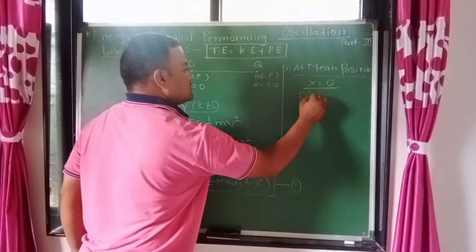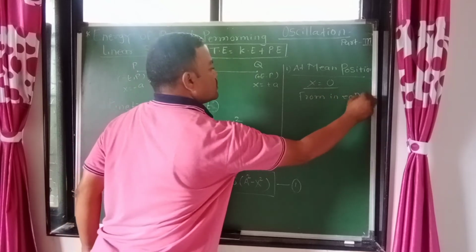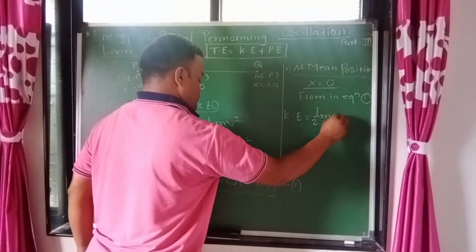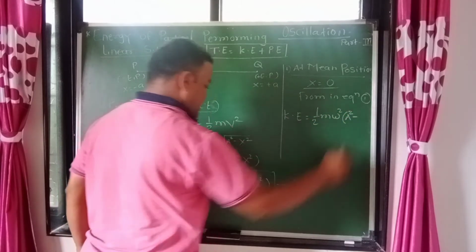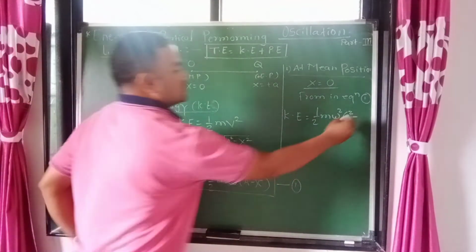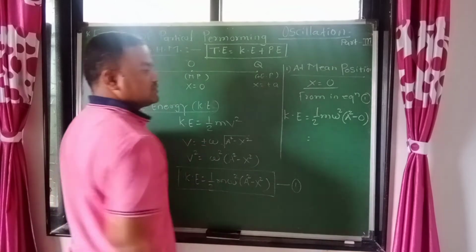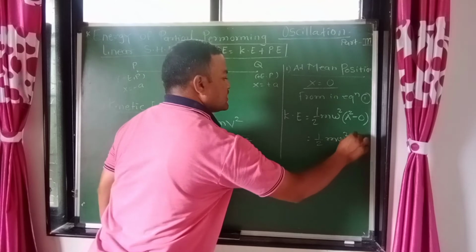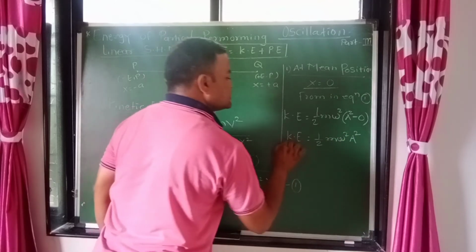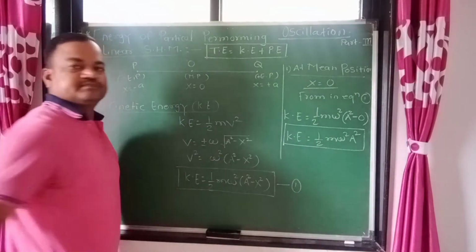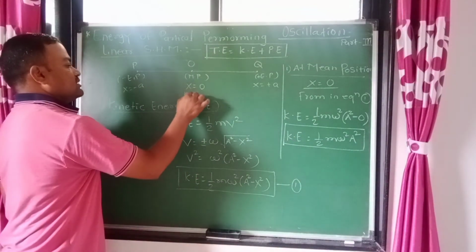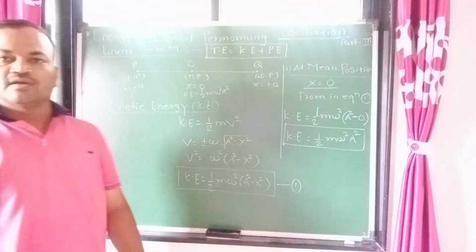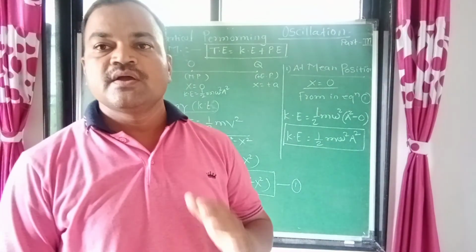From equation 1, using these values, we get kinetic energy is equal to 1/2 m ω²(a² minus 0). Therefore 1/2 m ω² a² is the kinetic energy at mean position, which is the maximum value of kinetic energy.